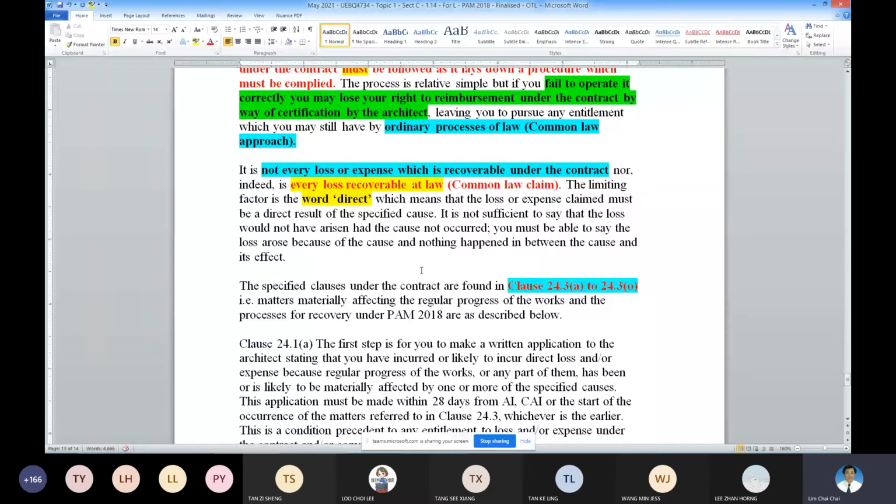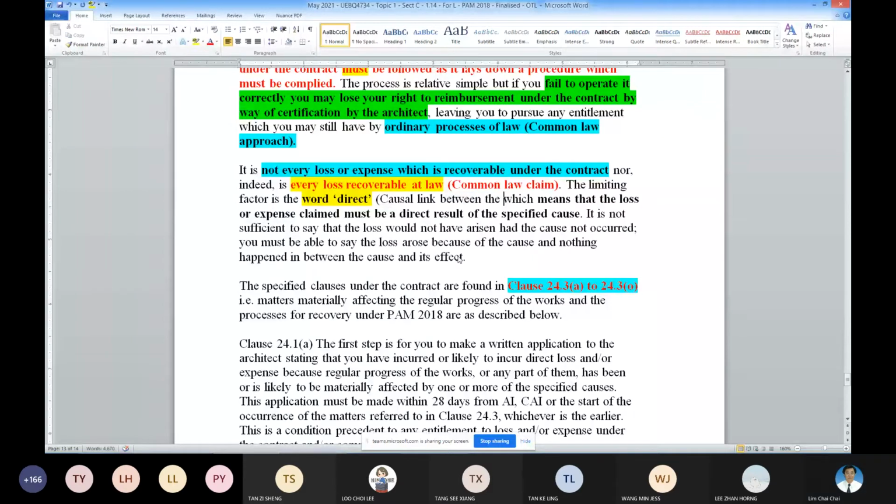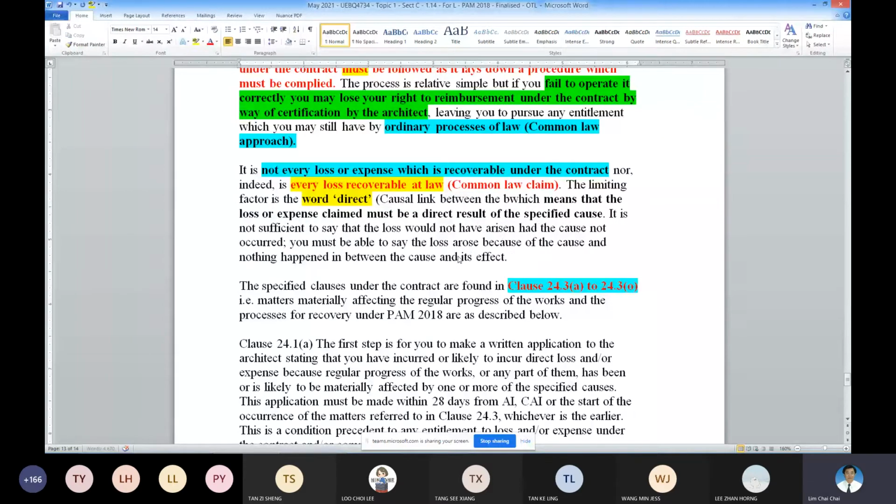There must be a causal link between the so-called breach and the loss. So this must be established. The causal link must be established.